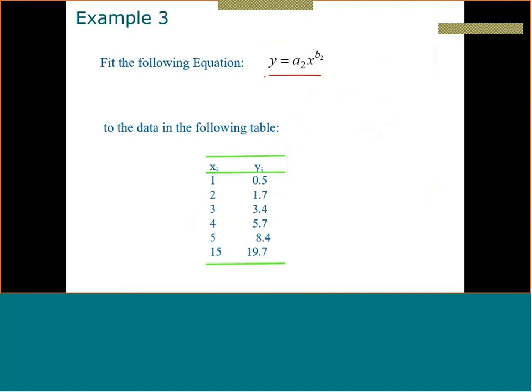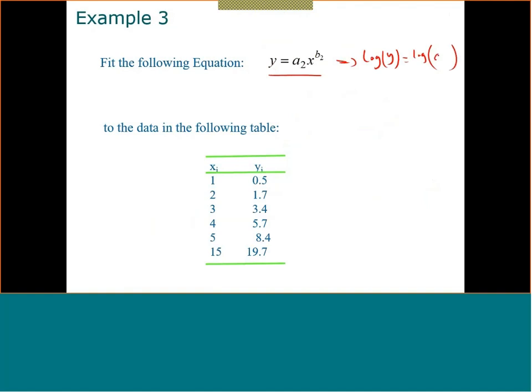As simple as that. Here, if I take the log as I just did, I'll just refresh your memory. I will take log of y equal to log of everything here, which is a2 x to the power of b2.